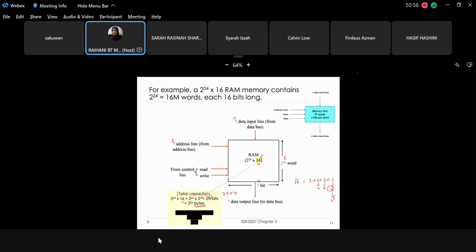Divide by 8. So you have 2 to the power of 28 divided by 8, which is 2 to the power of 3, so you just subtract: 28 minus 3. Correct. Does anyone have questions? Maybe some of you cannot follow this calculation.